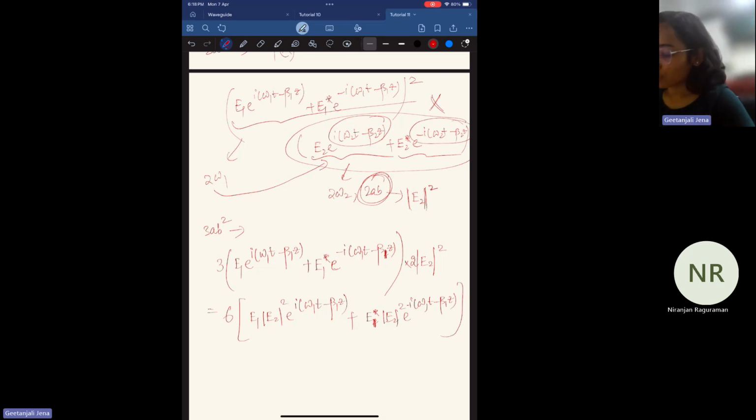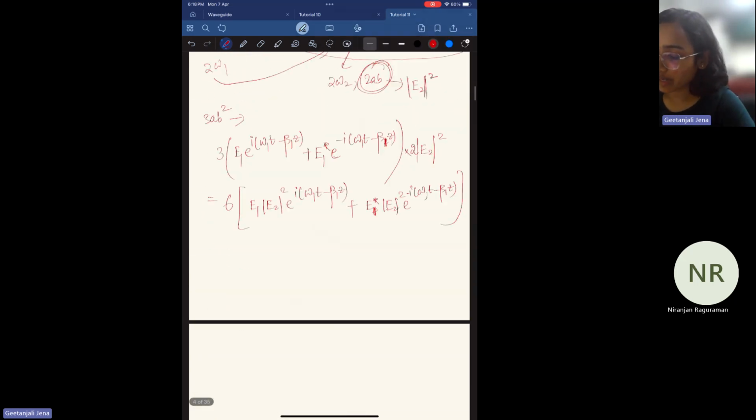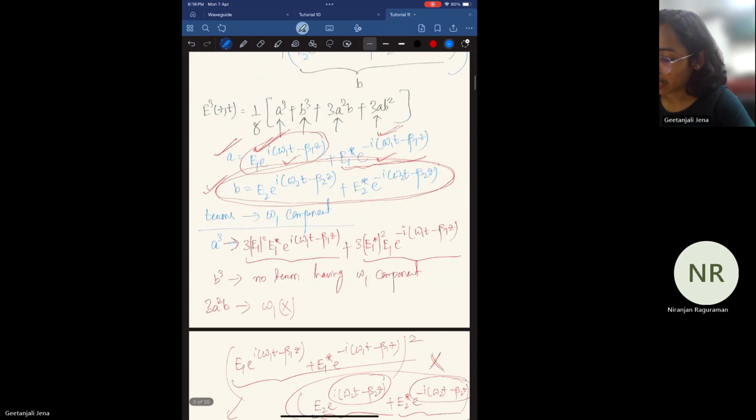Okay, so now we have all the terms which will have components in ω1. Let us combine all the terms. This is the term we get here, and there is one more term we get.